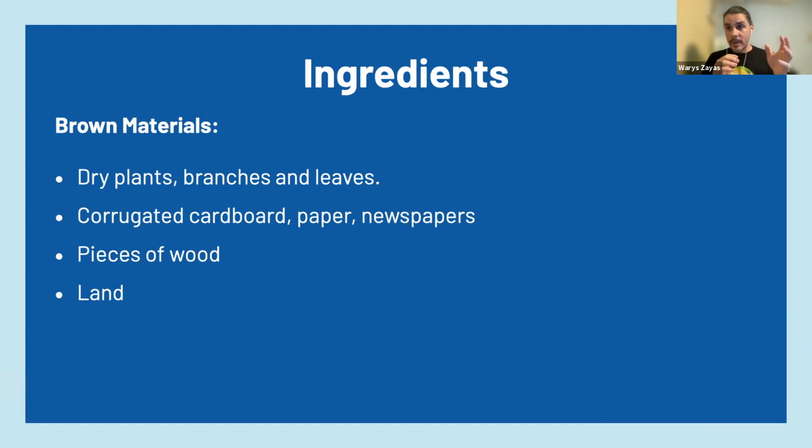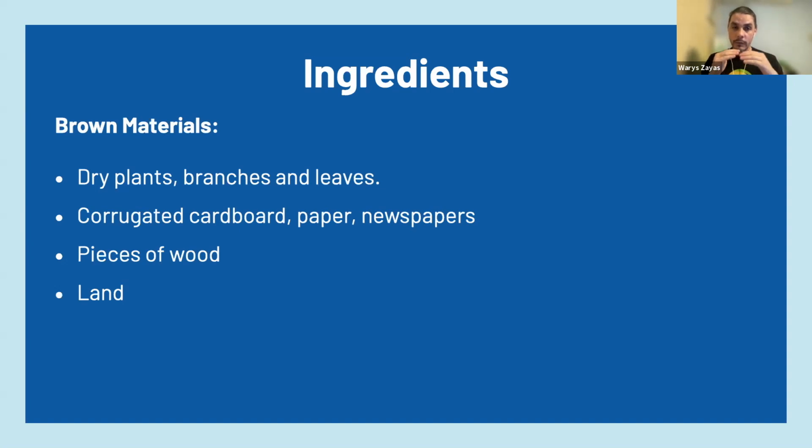Pieces of wood, as I mentioned, we can use from the wood that you use to build, or from anything about wood, you can use it. But when we are using wood, it is really important again to chip it, because wood is high in lignin.